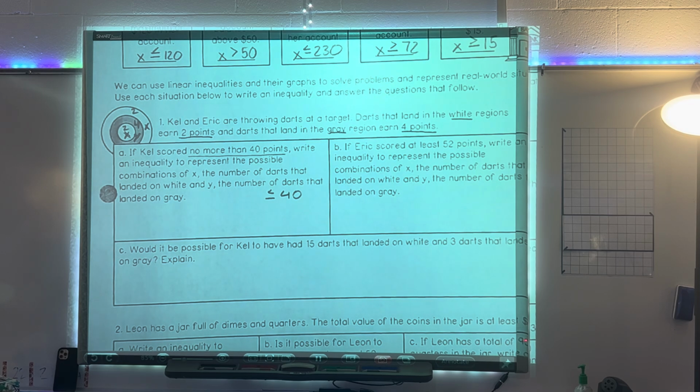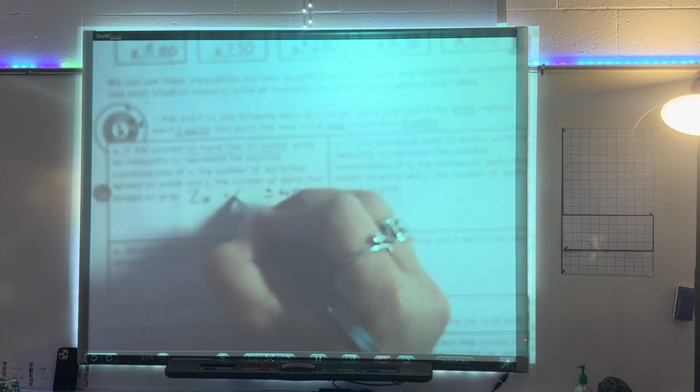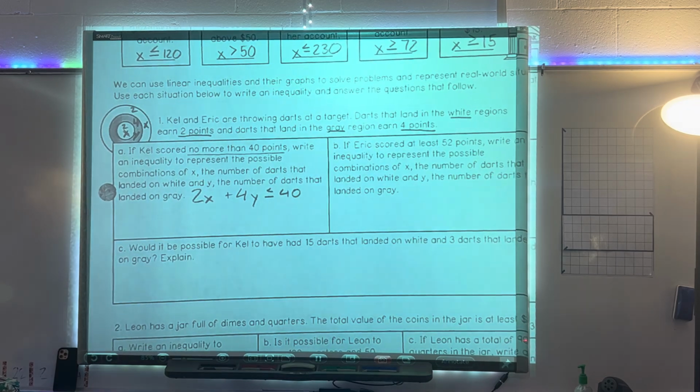You get 2 points when you hit the white. Okay, 2 points for what? When you hit the white. Which is represented by what? X. So how am I going to write that? 2X. Okay, plus 4Y. Everybody good there?